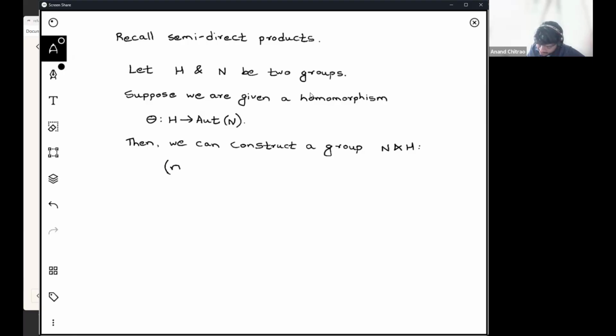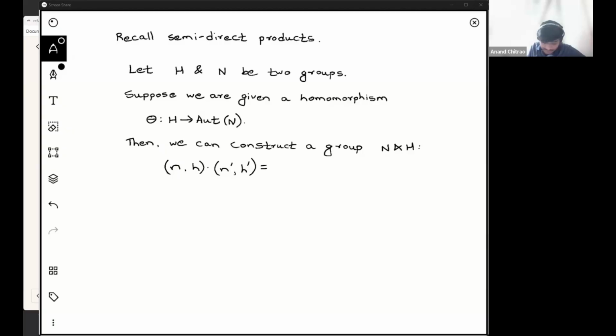The underlying set of this semi-direct product is N cross H, the set theoretic Cartesian product of N and H. Take any element (n, h) and any other element (n', h').